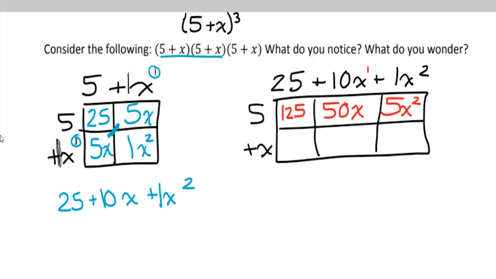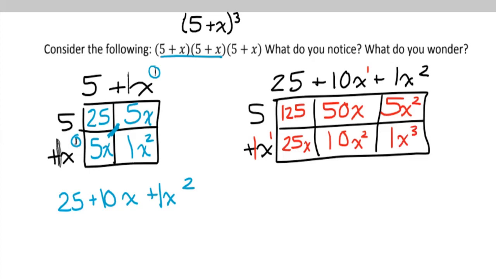Moving down here, I'm going to need to add a coefficient and an exponent just to help me out here. 25 times 1 is just 25. No exponents to add. 10 times 1, 10. I have a 1 and a 1, so that's going to be an exponent of 2. 1 times 1, x squared, and x to the first power. Combine those to be x to the third power.